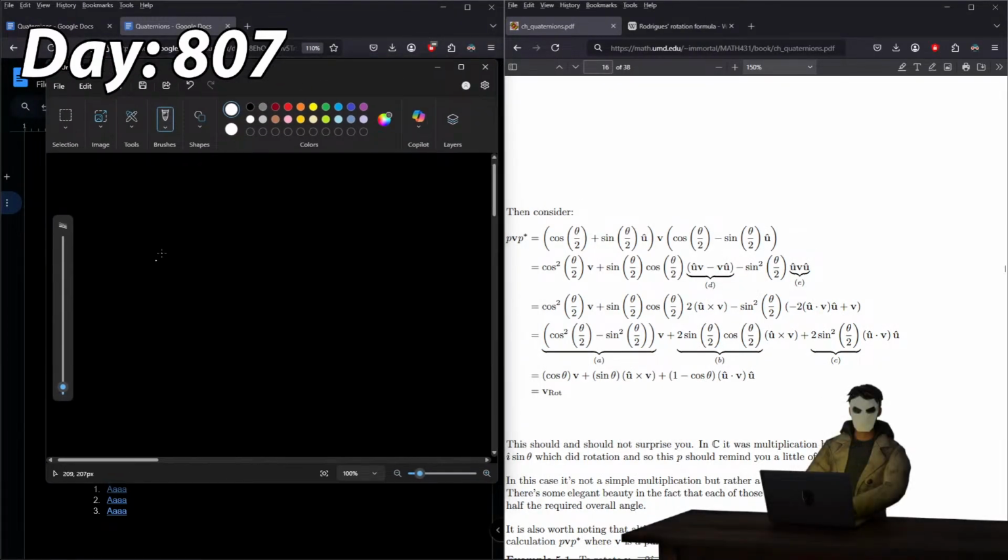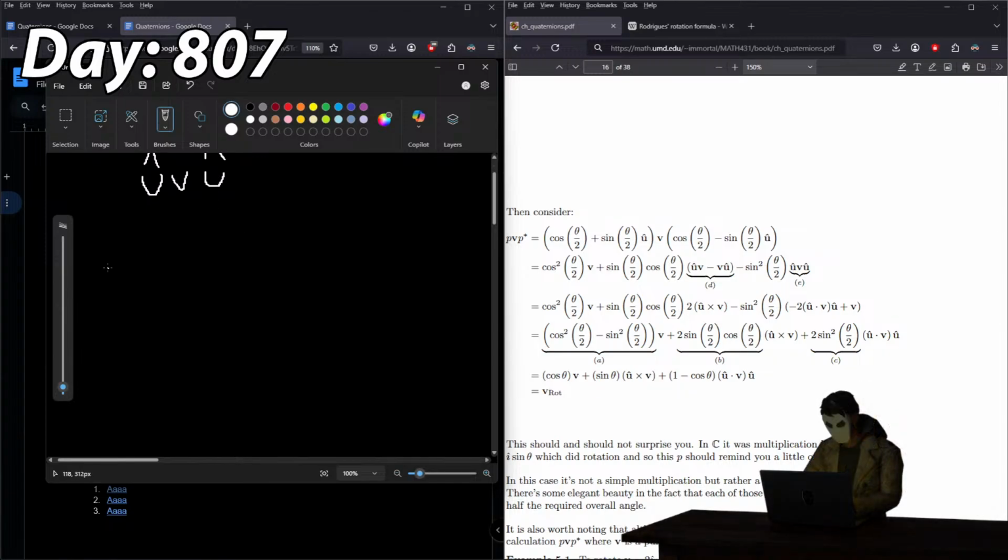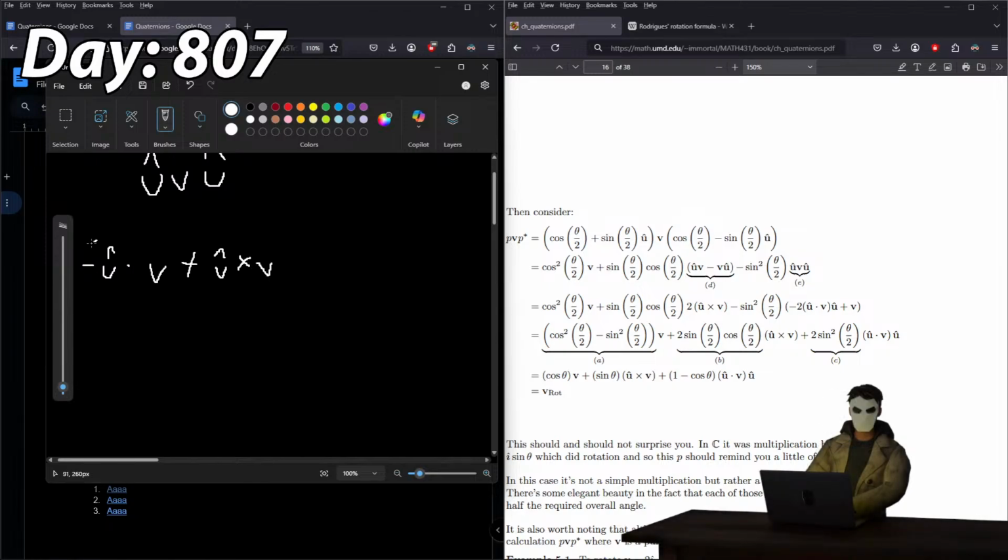So we have uvu. It looks like a lovely emoji. Okay. u times, in brackets, minus u dot v plus u cross v, all of it times u.